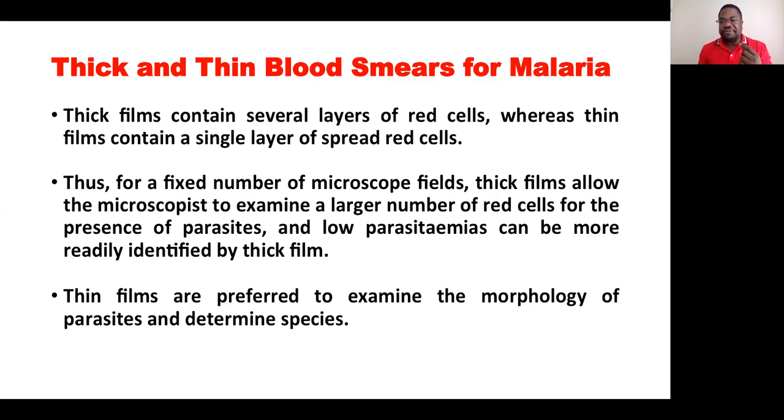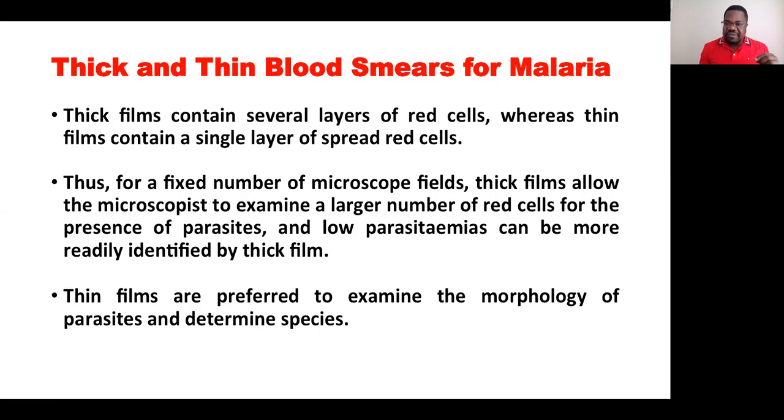But the value of the thick smear is that you have many red blood cells in one place, so that if the patient especially has a low level of parasites in the blood, you can still identify them.